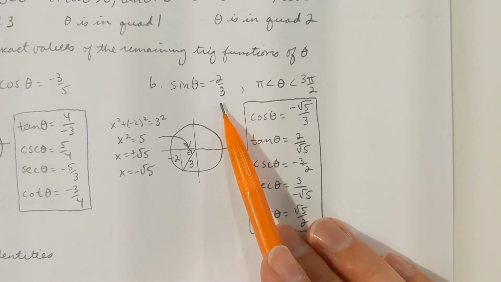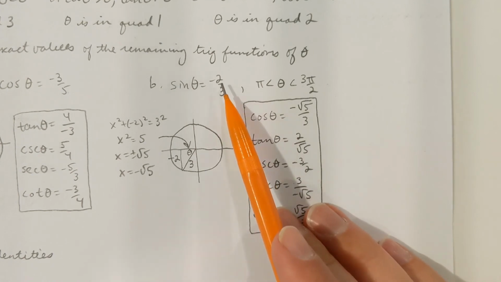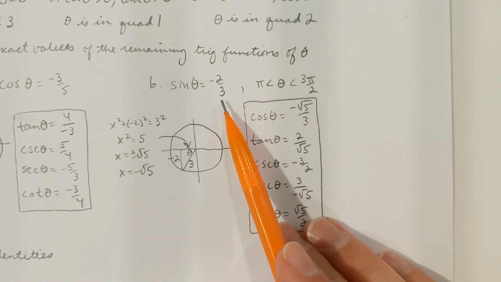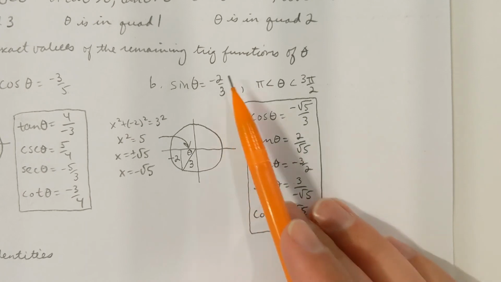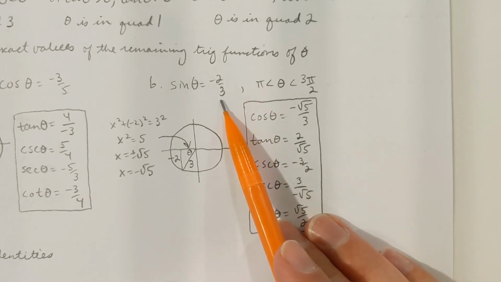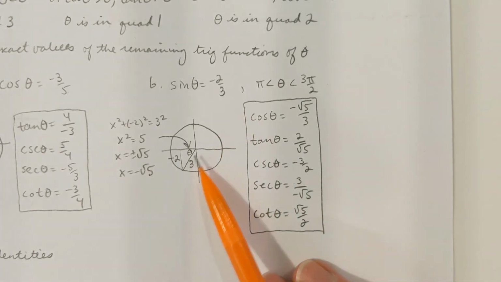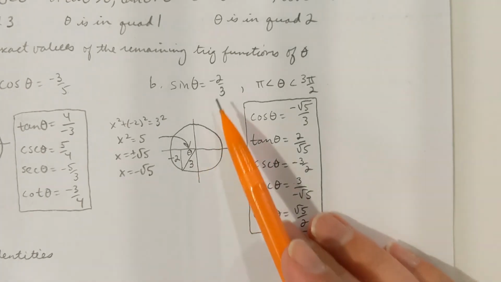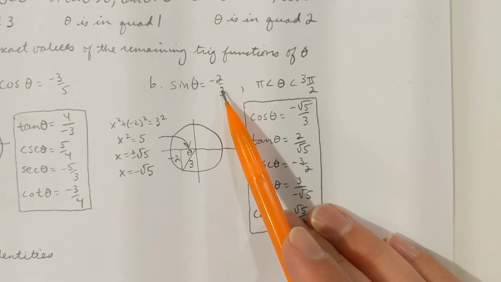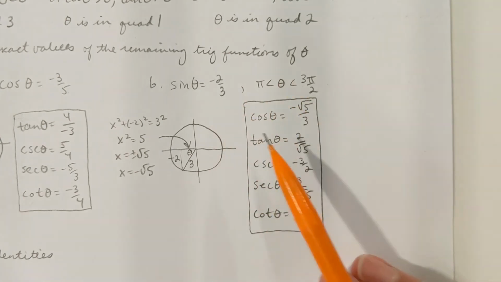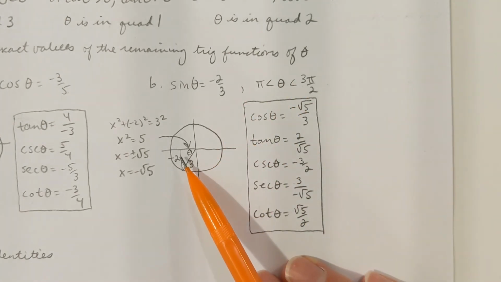Sine of theta is also opposite over hypotenuse. I'd want to think of this as negative 2 over 3. Negative 2/3 can also be looked at as 2 divided by negative 3, right? But the hypotenuse will never be a negative, because you're talking about the radius of the circle. So I'd want to think of this as negative 2 divided by 3, not 2 divided by negative 3. Negative 2 would be the opposite side.